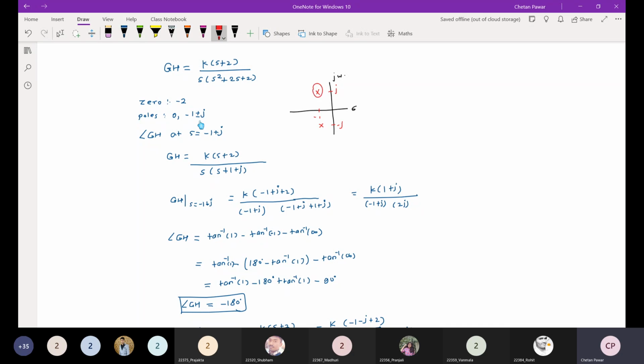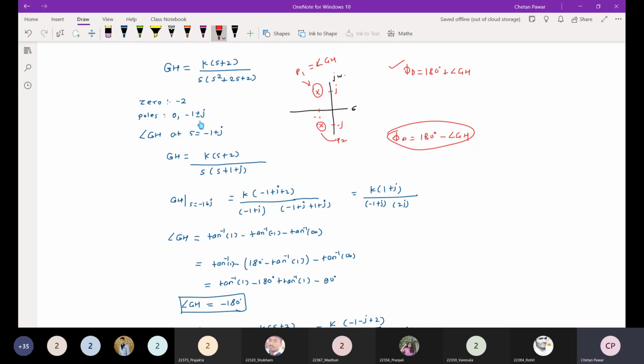I will consider this point P1, and at this point I will find the angle of GH. To find the angle of departure, I will use 180 degree plus angle of GH. If I find the angle at point P2, then to calculate the angle of departure I use 180 degree minus angle of GH, both the same thing. Only the angle is changed.